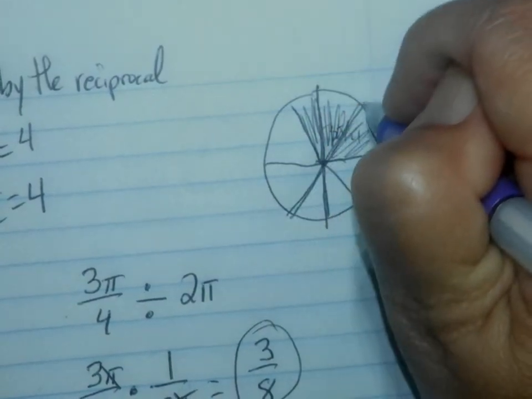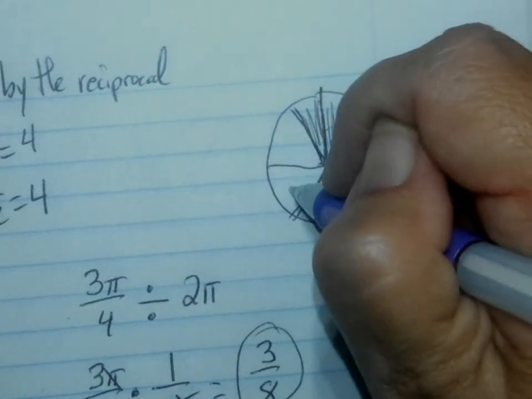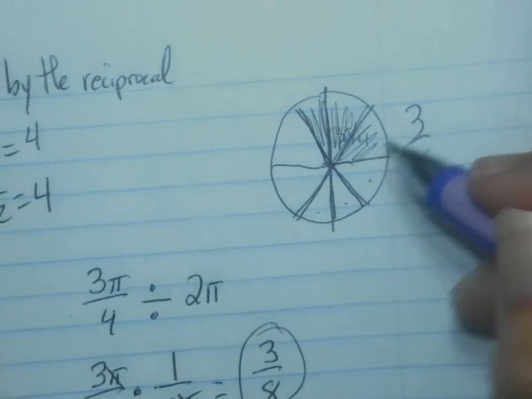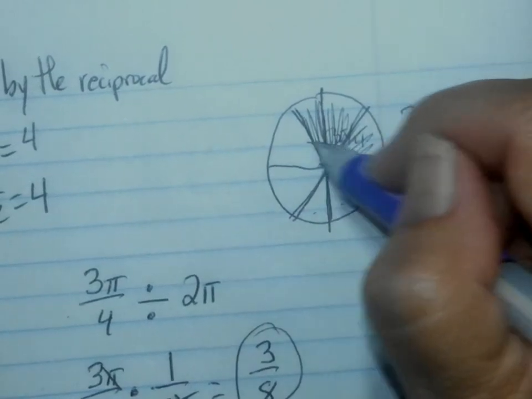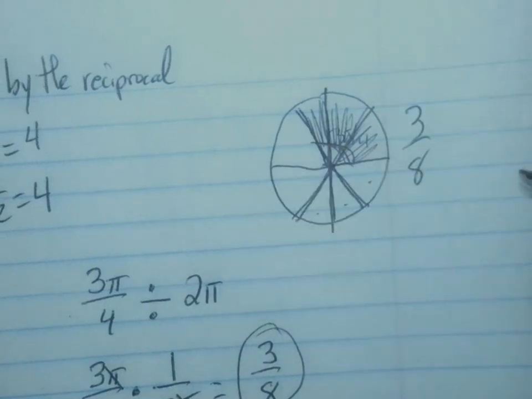Isn't that 3/8? 1, 2, 3 out of 4, 5, 6, 7, 8. It's 3/8. The angle of 3 pi over 4 did represent 3/8 of the circle. And dividing by the reciprocal, that's just the number crunching that gets you there.